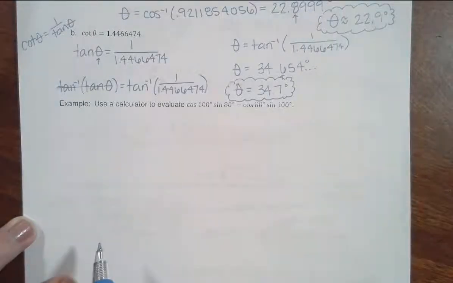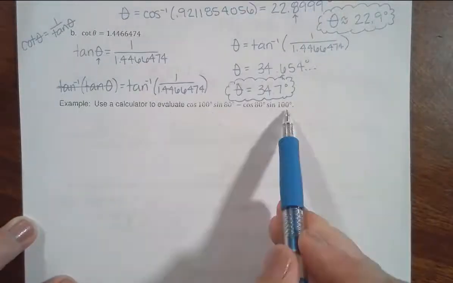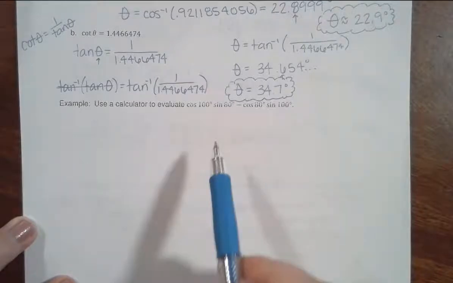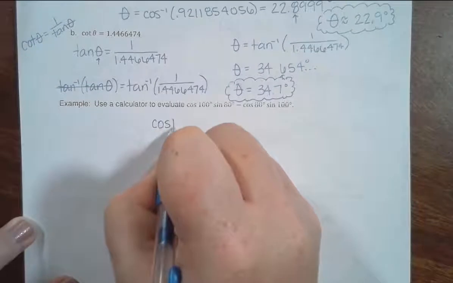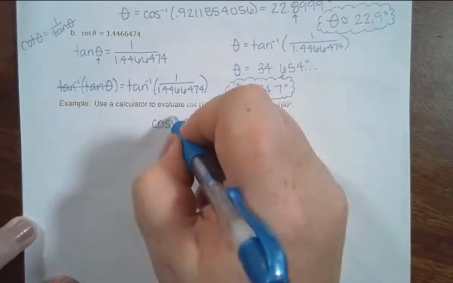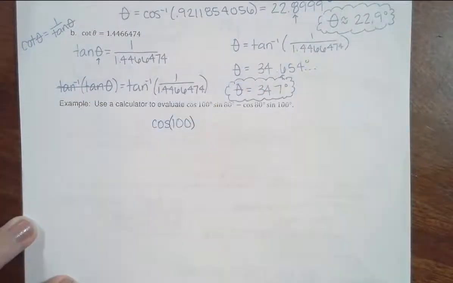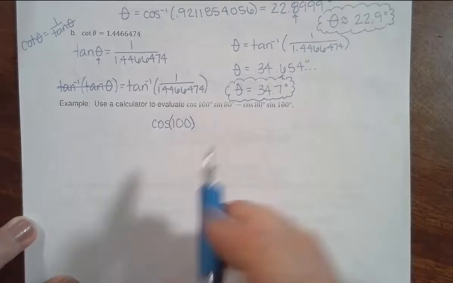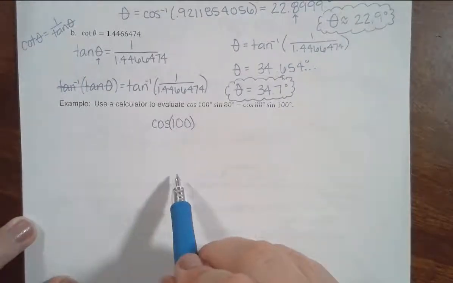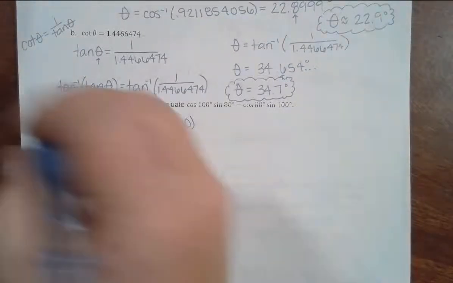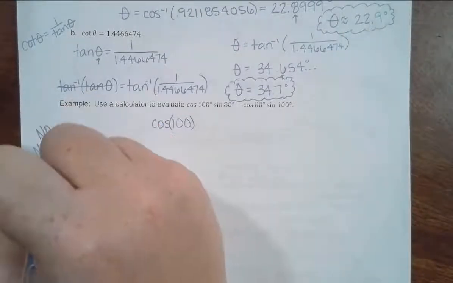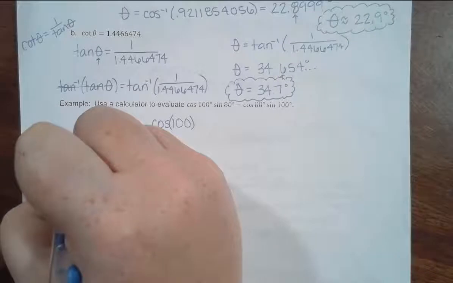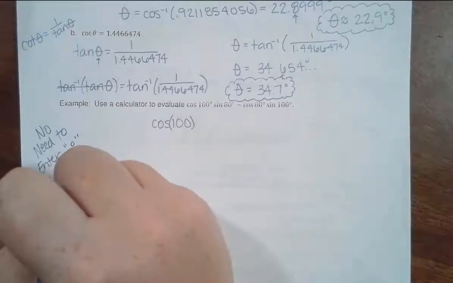And if you are in degree mode, you should not have to write the little degree symbol in there, because that's how it does it in the calculator. No need to enter the degree thing if in degree mode, okay?